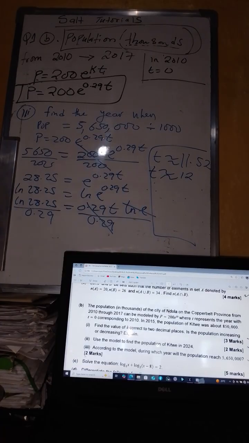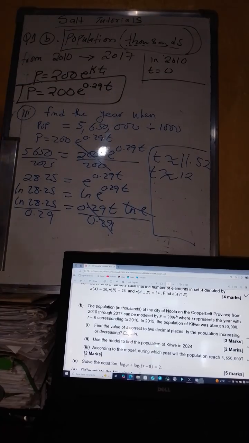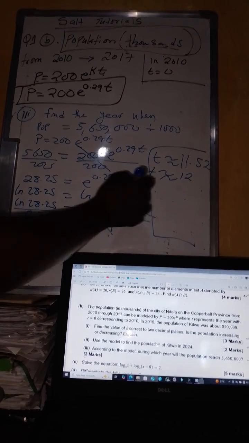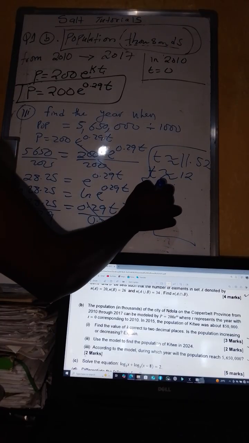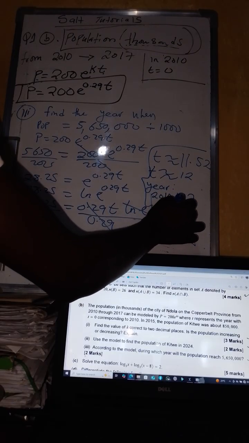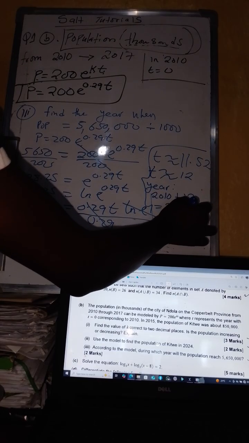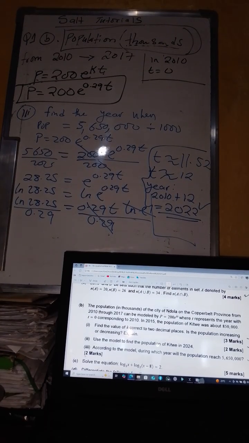Therefore, in which year? If the initial year here was 2010, we add 12 to 2010. What are we going to have? If we add 12 to 2010, then the year we are looking for will be 2010 plus 12, which is 2022, as the year when the population is going to reach 5,650,000.